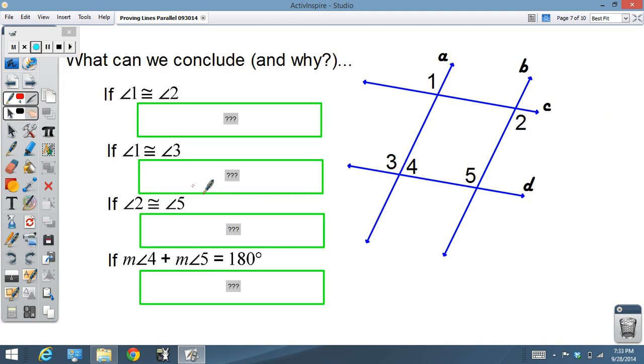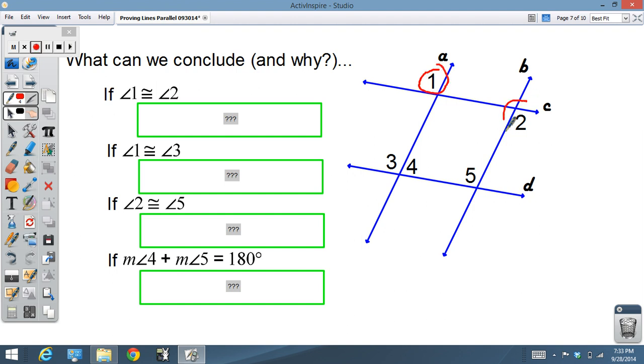So how do we use them? Here's a little exercise for you. What can we conclude and why? If any of these cases are met, pause, think about them on your own. Answers are coming shortly. Here they come. If 1 is congruent to 2, here's what we got.